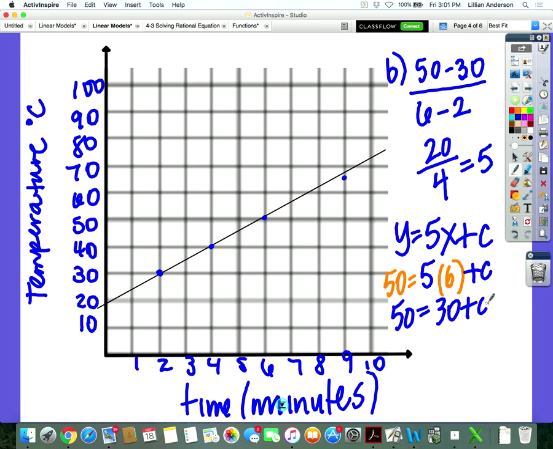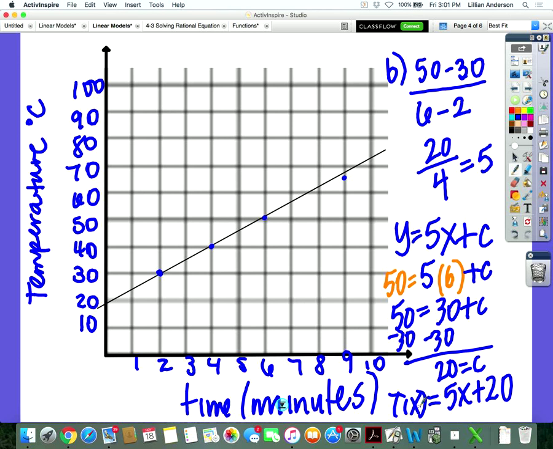To solve for c, I need to subtract 30 from 50. So where does it cross? At 20. So my equation is 5x plus 20, and actually not y equals, but remember it's a model, T of x equals 5x plus 20. And there's the equation.